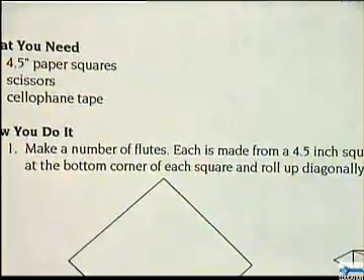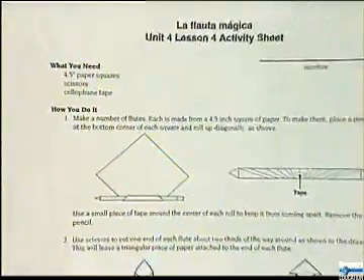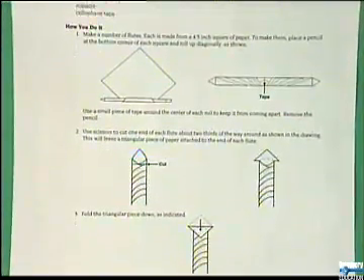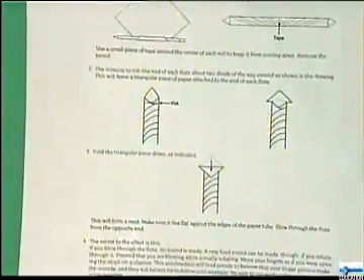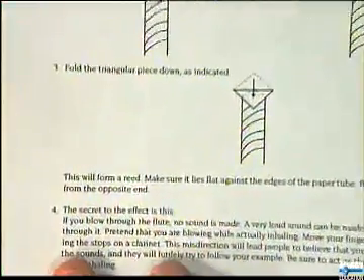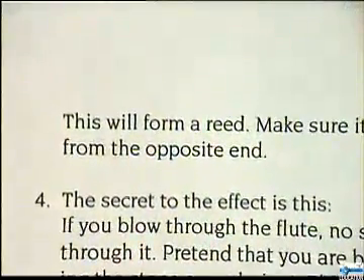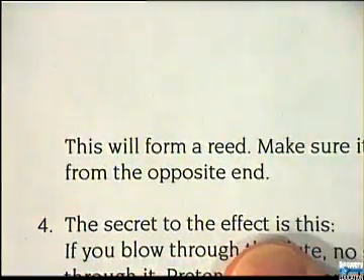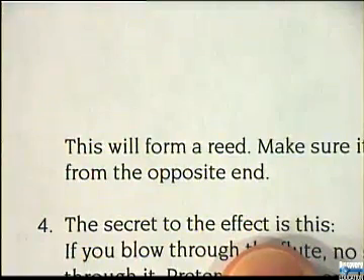Now, if you follow these directions, you'll be able to make a magic flute. And if you look down at the very bottom, you can see that the secret to the magic flute is right there. So, you guys can make your magic flutes in your classes.